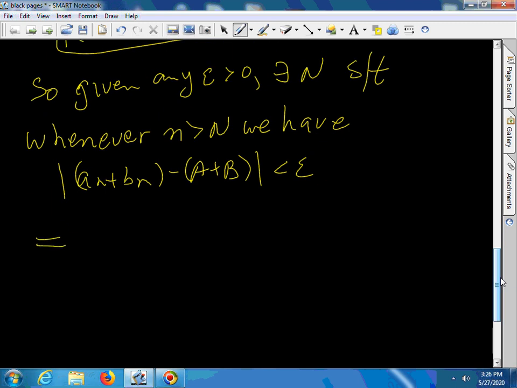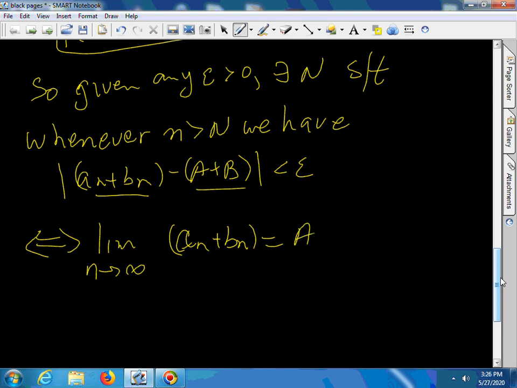But that's the same as the definition of a limit. That's the limit as n goes to infinity of this a sub n plus b sub n equaling that a plus b. Theorem has been proved, all by definition.